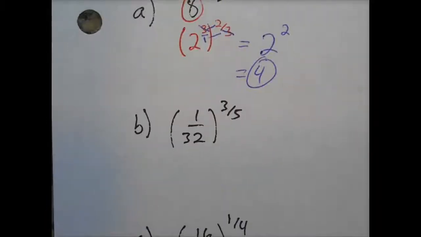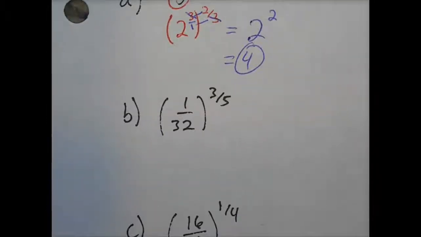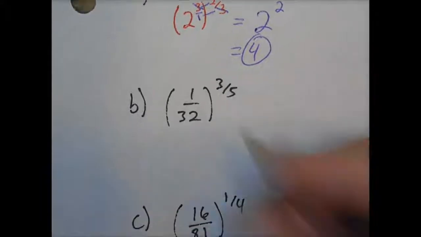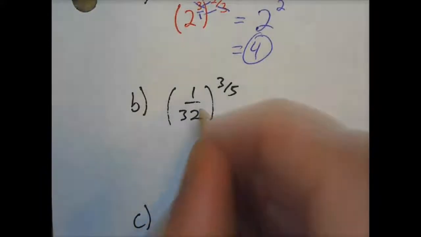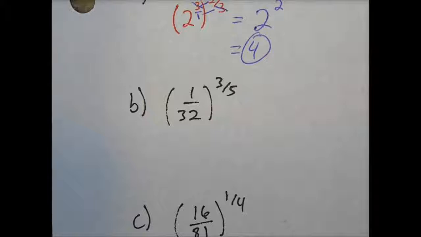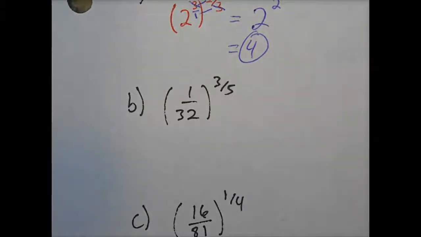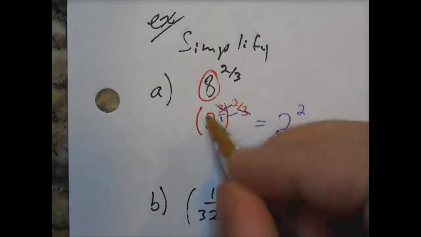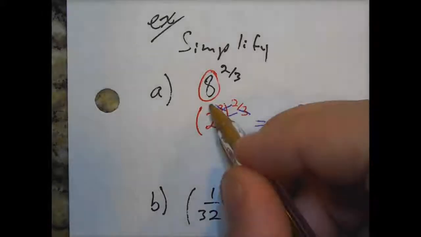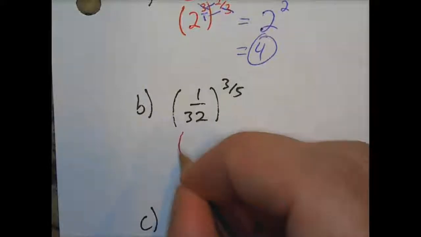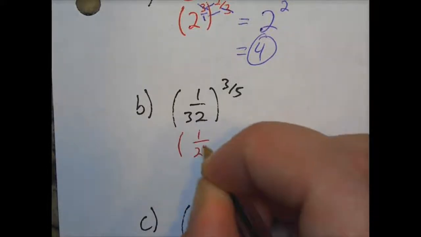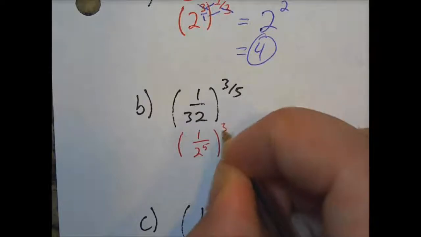So get another one. You're going to have to remember some exponent rules from Algebra 1 again. But 32, the lowest that I can write that, let's think, 2 to the 3rd was 8, so 2 to the 4th is 16, so 2 to the 5th is 32. So what I can do is I can write this as 1 over 2 to the 5th to the 3/5 power.